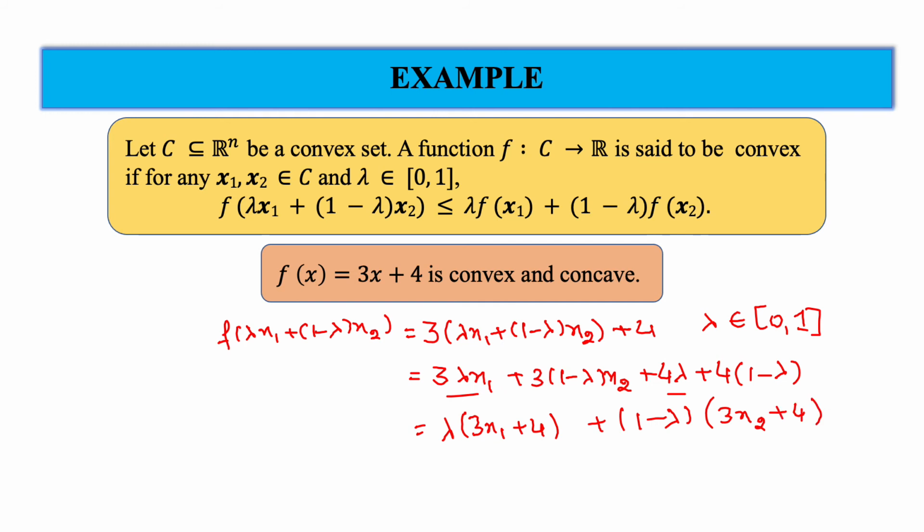Which is nothing else but lambda function value at x1 plus 1 minus lambda function value at x2. So equality holds, that means the function is convex, and since equality is there, the function is also concave.